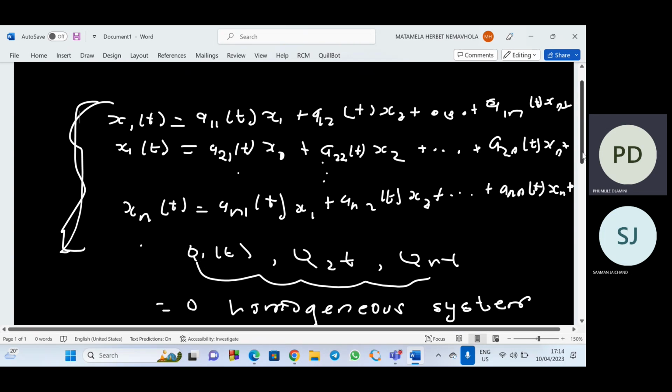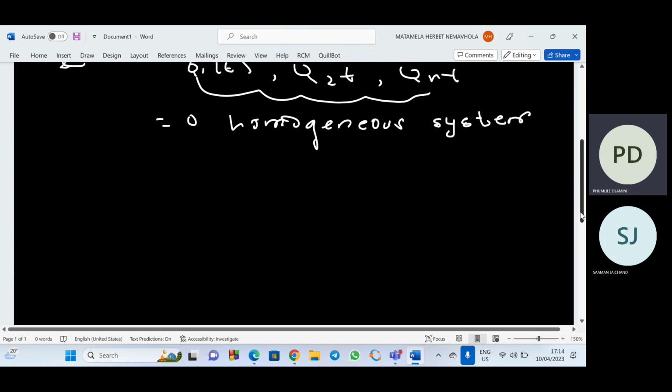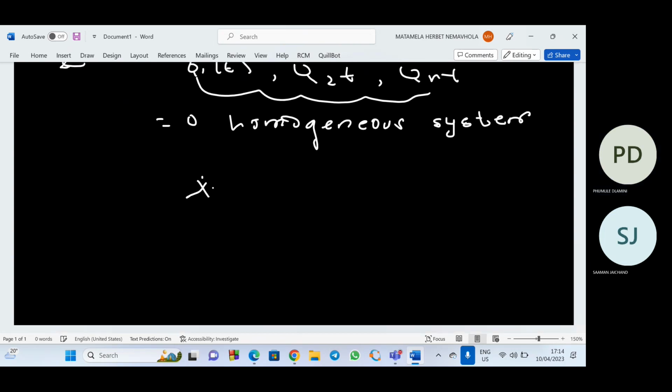This homogeneous equation, we write in the form of a matrix, x dot equals A of t x.